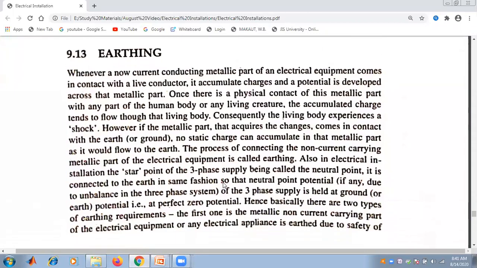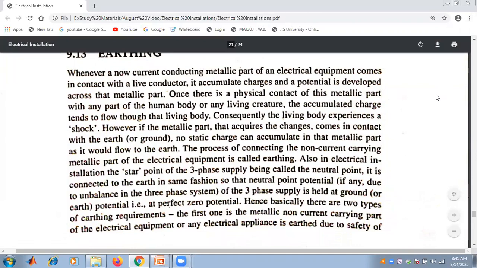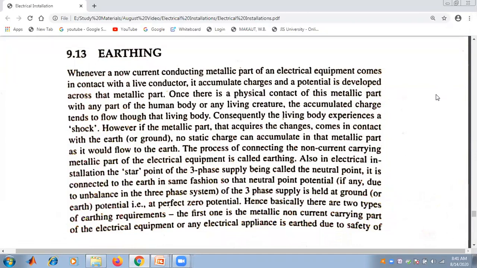So earthing means whenever a current conducting metallic part of an electrical equipment comes in contact with a live conductor, it accumulates charges and a potential is developed across the metallic part.